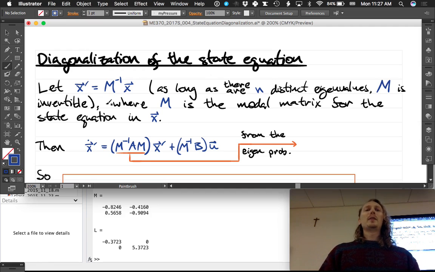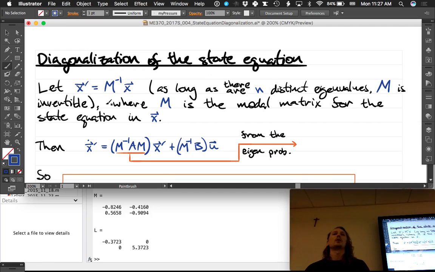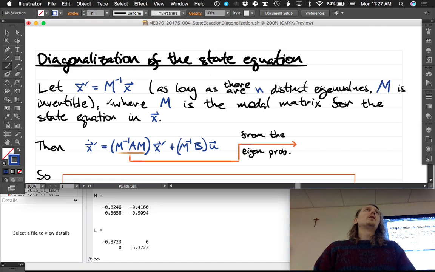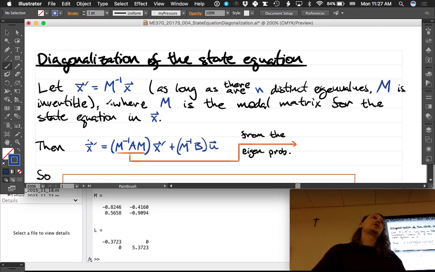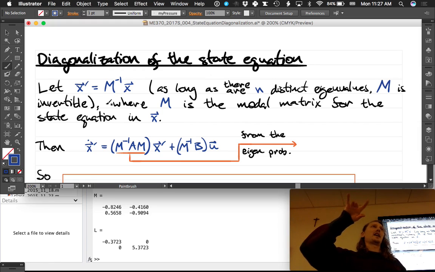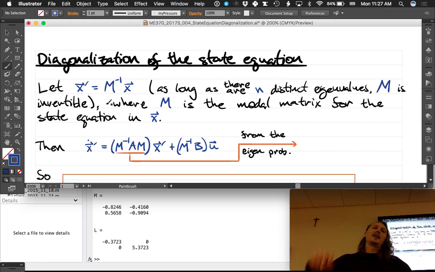M is the modal matrix, so we call M the eigenvector matrix or the modal matrix for reasons. Modal is a nod to vibrations concepts, which you haven't learned yet, but there are different modes. You learned about modes in physics. Like a string, you probably saw a string vibrate at its natural frequency, and depending on the length of the string and other parameters, you can get different modes to be excited. That is where the concept of modal matrix comes from.